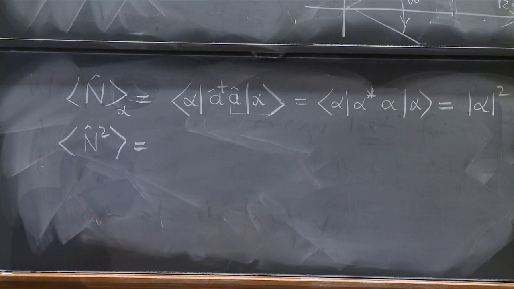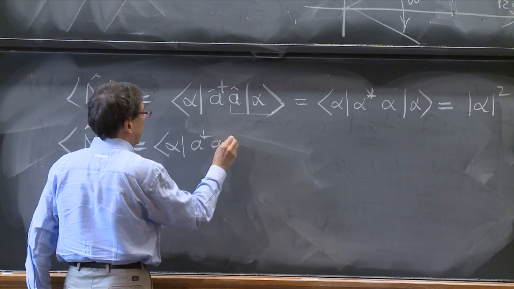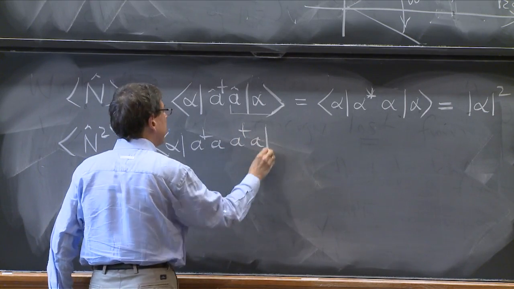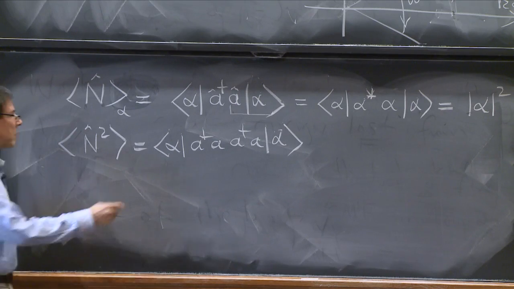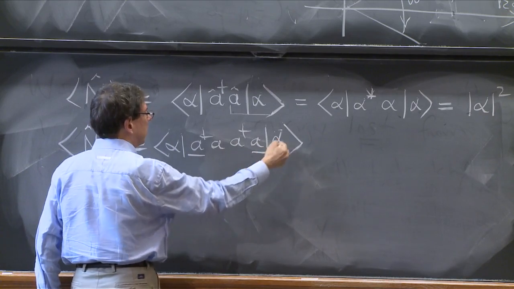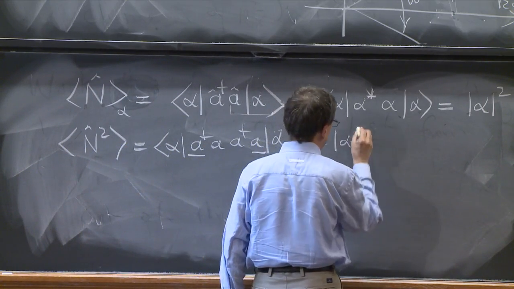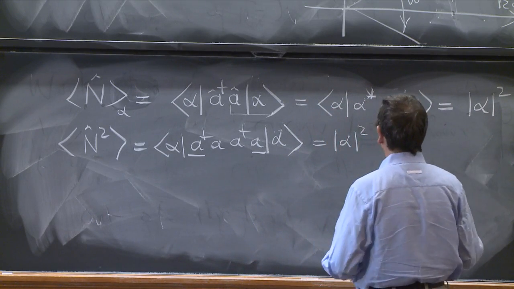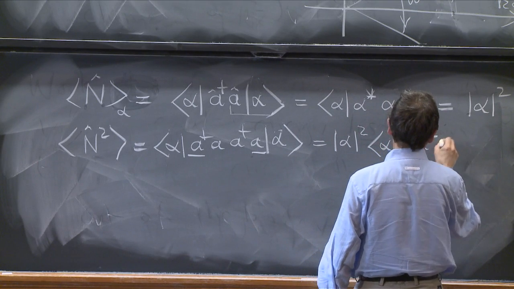N squared is a little more work because you have alpha, A dagger A dagger A, alpha. This one gives me the factor you know. This one gives you the factor you know. And therefore, we already have alpha squared times alpha A dagger alpha.